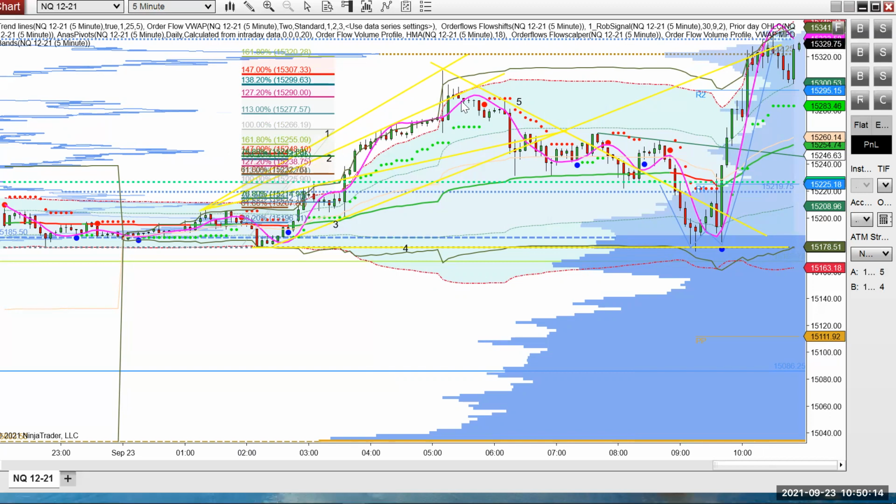Your 32 HMA or 18 HMA actually got away from it. Then that's when you want to short. Okay, so that would be that. And my initial target, if we reach this high here, 307, I'm looking at 100% pullback to even at this range. Hold on, let me get that.